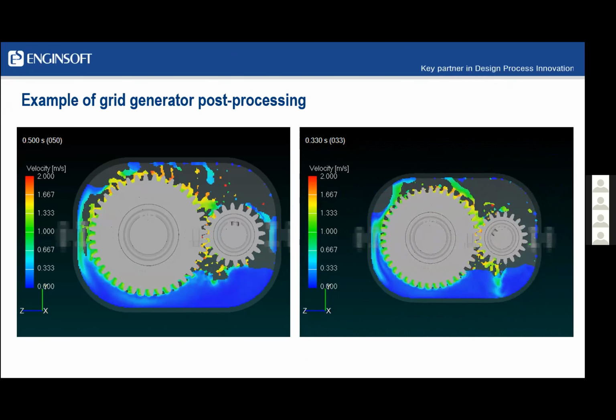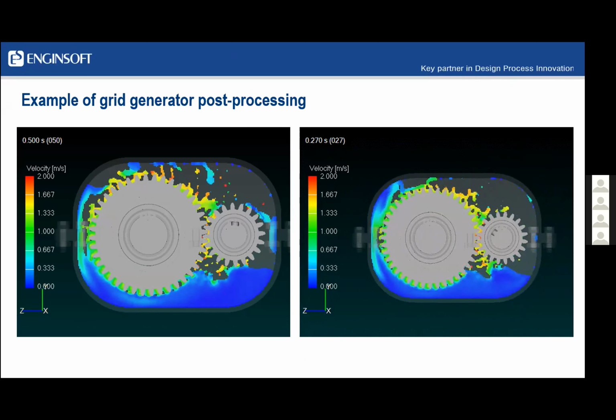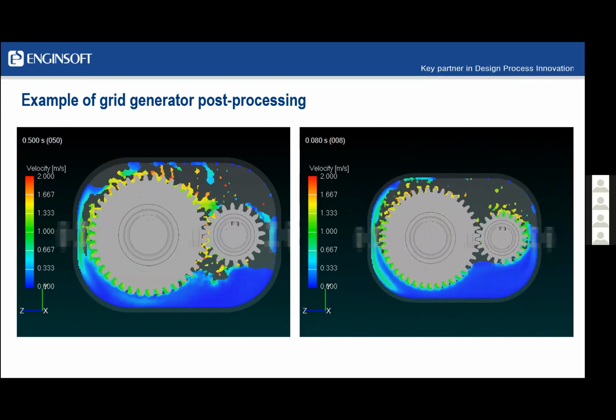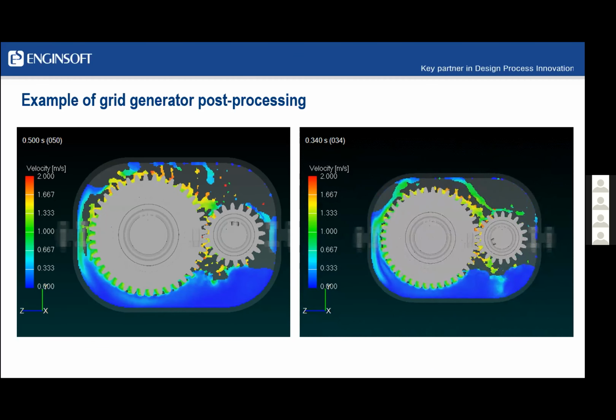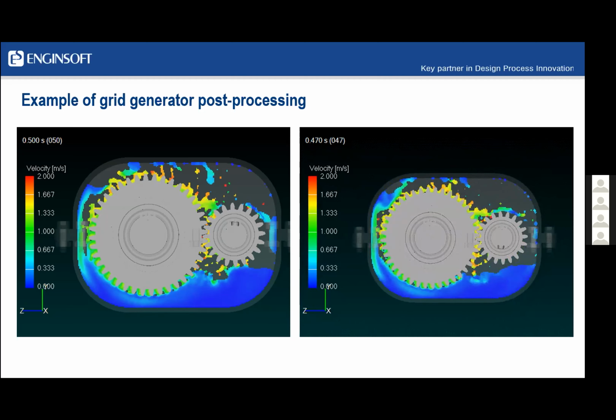In this example, I'm looking at velocity, and I've mapped out my velocity values onto a Cartesian grid inside of Particleworks. This particular example took me, I think, maybe 10 to 20 minutes to run the actual simulation, and then maybe another 2 to 5 minutes max to actually complete the grid generator post-processing.